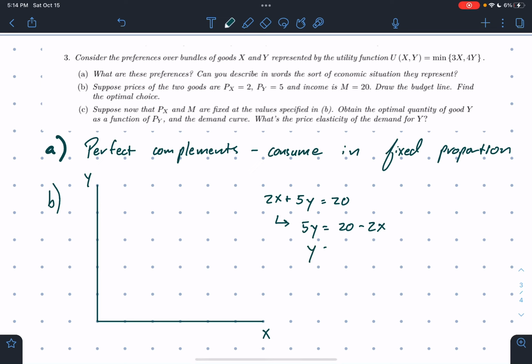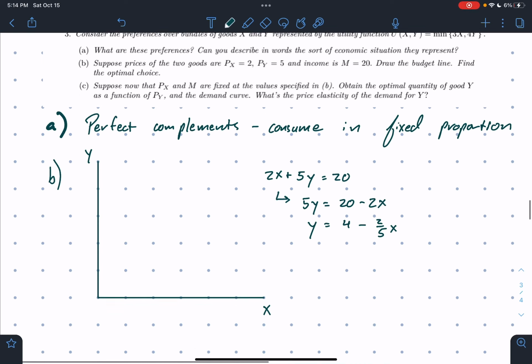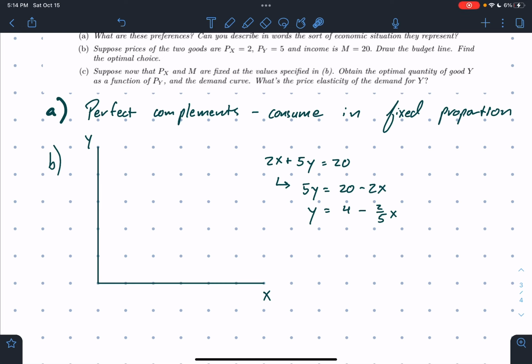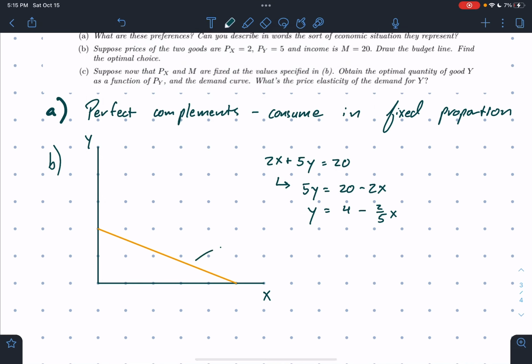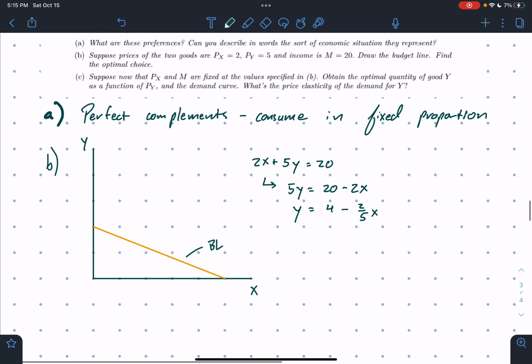And then y is equal to 4 minus 2/5 x. So we can see that this is a line with intercept 4 and slope of negative 2/5. Graphically, the budget line is going to look like this. Okay, so this is our budget line.